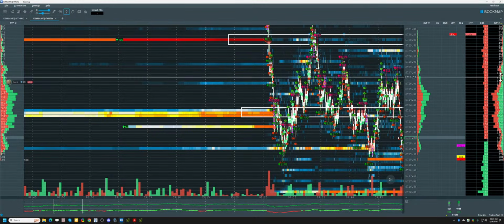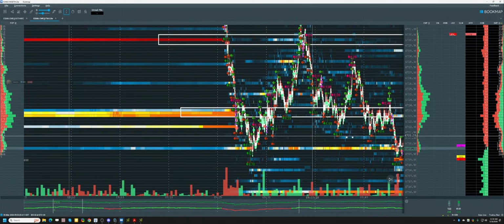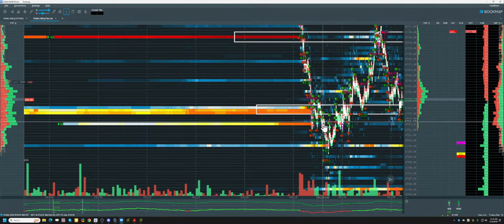Now going back to the profile, this is what I know, and I'm going to give you some minutia. Again, I don't have time. This is a distribution of volume. Now, what does all this mean, Tom? What are you talking about? This here, so this is what I have.